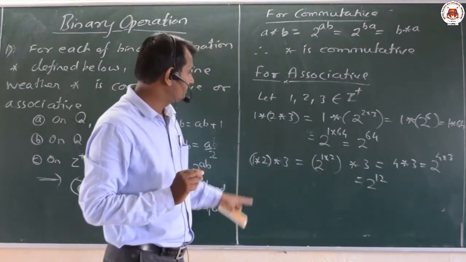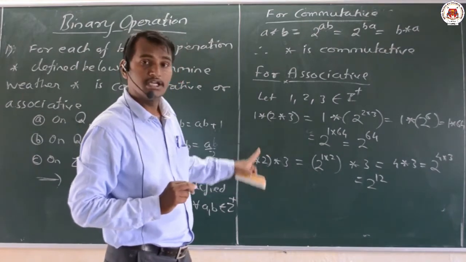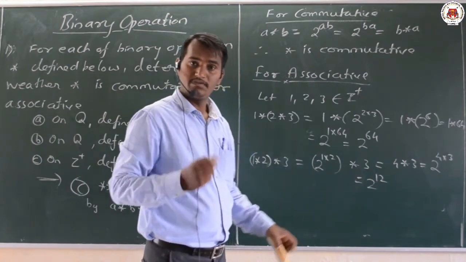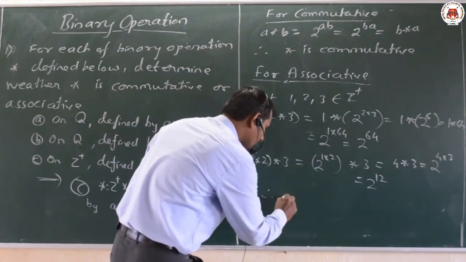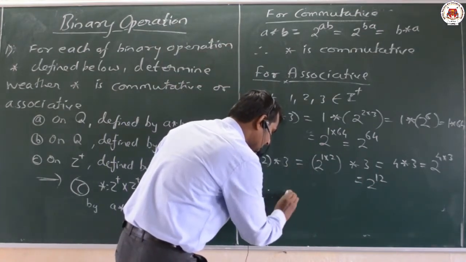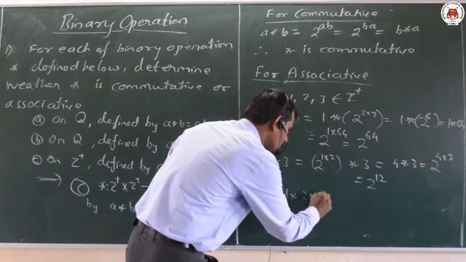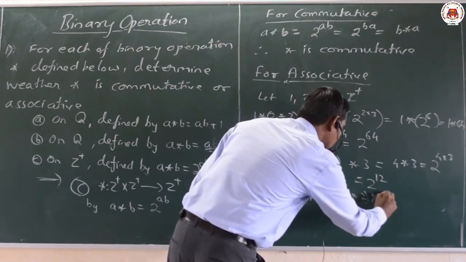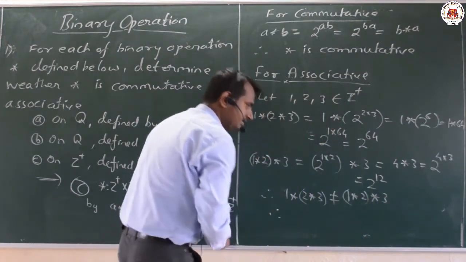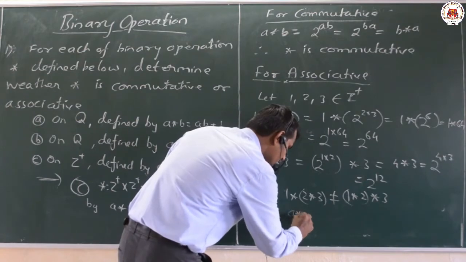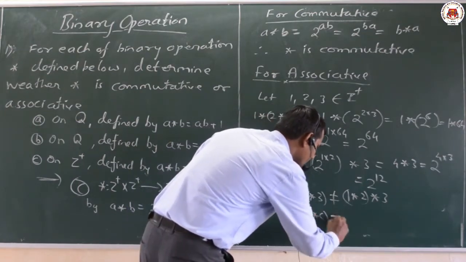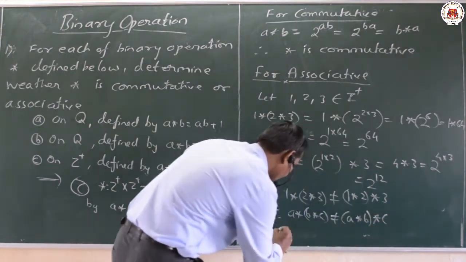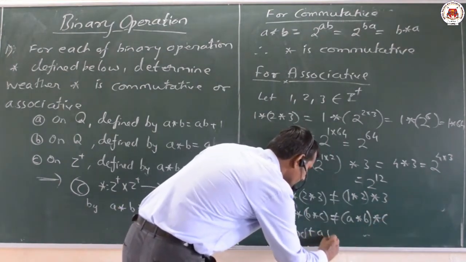Now we can observe that both are not the same: 2 to the power of 64 and 2 to the power of 12 are different. Therefore 1 star (2 star 3) is not equal to (1 star 2) star 3. So therefore A star (B star C) is not equal to (A star B) star C. Therefore, not associative.